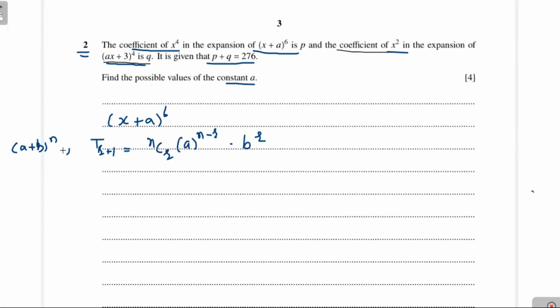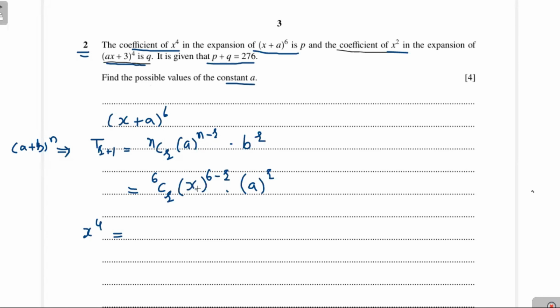Now we use this formula to find the coefficient of x4. We write it here as 6Cr into a, the first term, that is x, into x power 6 minus r, into b, which is a power r. Now you see here we have to find the coefficient of x power 4.